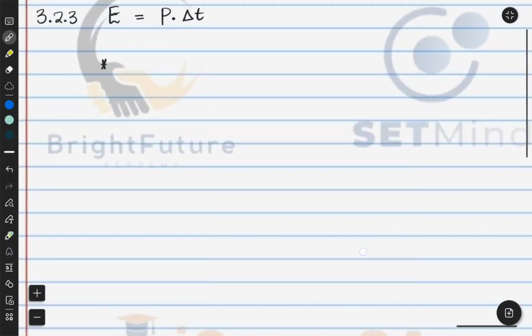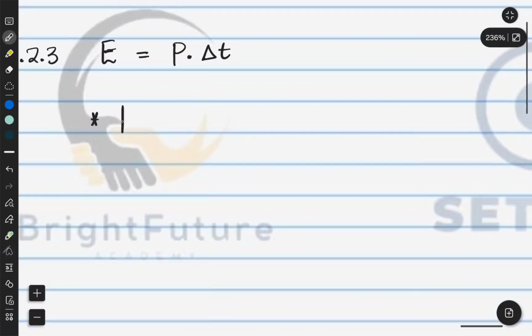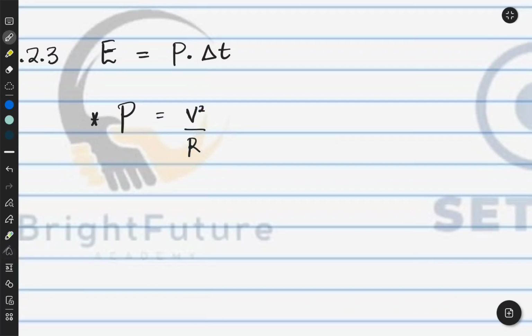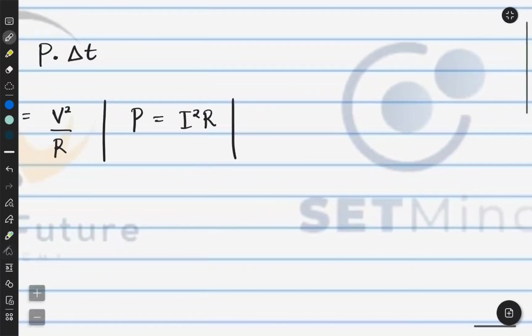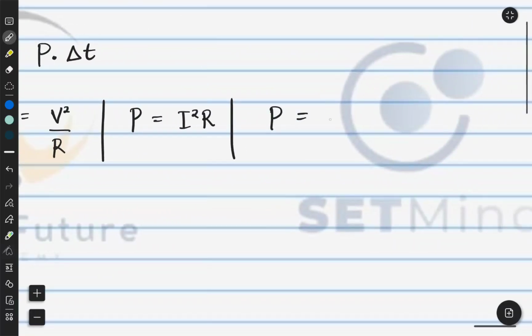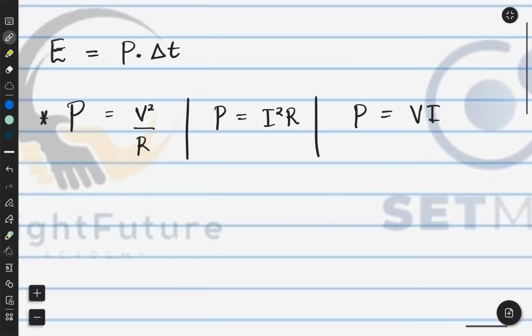So what we have to do now is think: power can either be calculated as V squared over R, or as P is I squared times R, or as P is simply V times I. So you check which one works best.